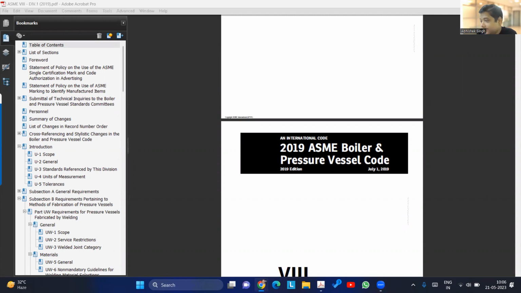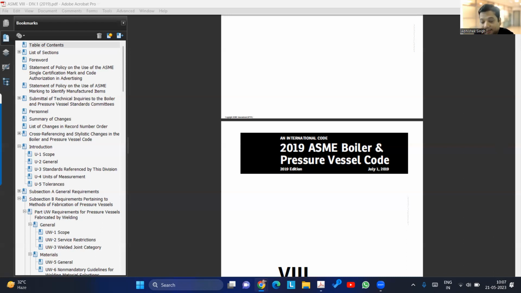So Sumit has asked the first question. The question is related to figure UG 29.1. So he's asking what will be the length of gap in unsupported shell? But what do you mean by unsupported shell? See, UG 29 is for supporting when you are providing stiffening ring.